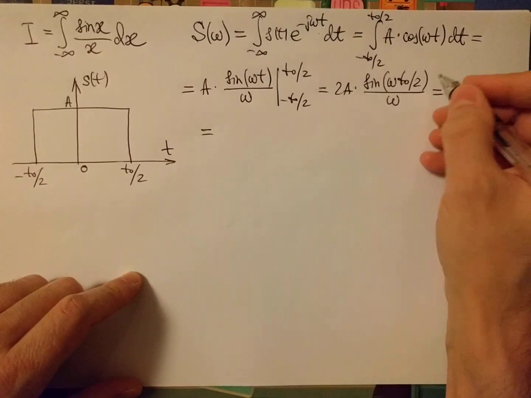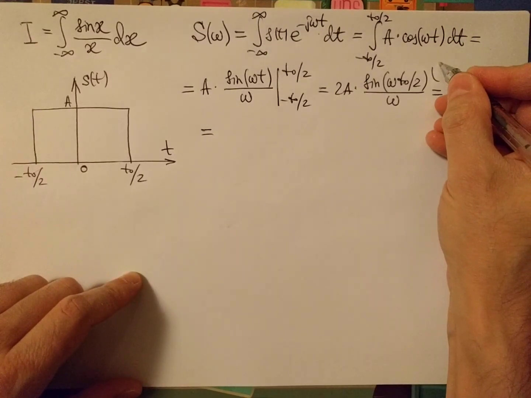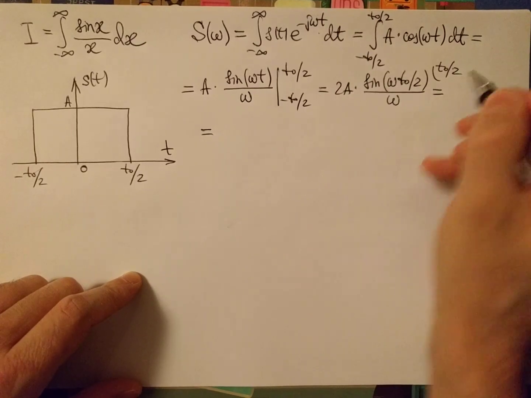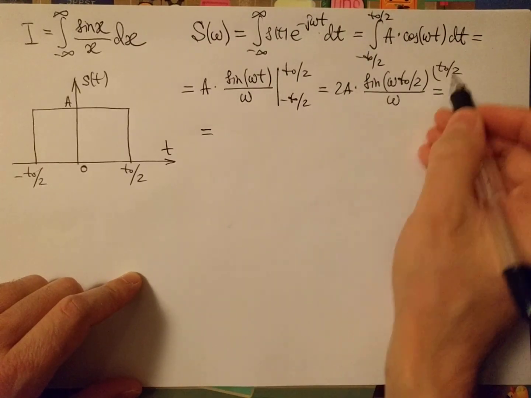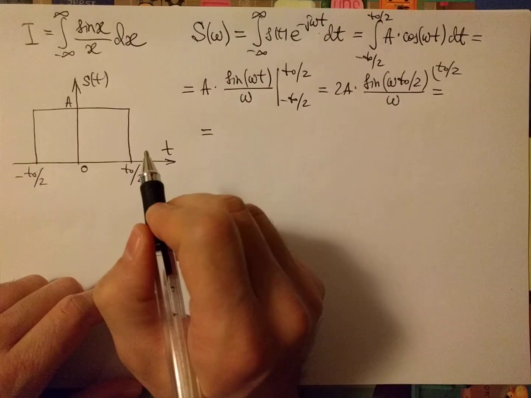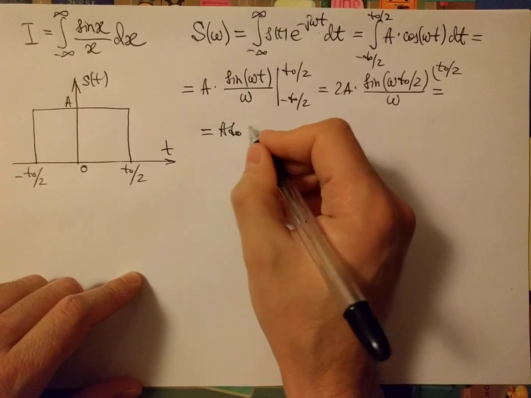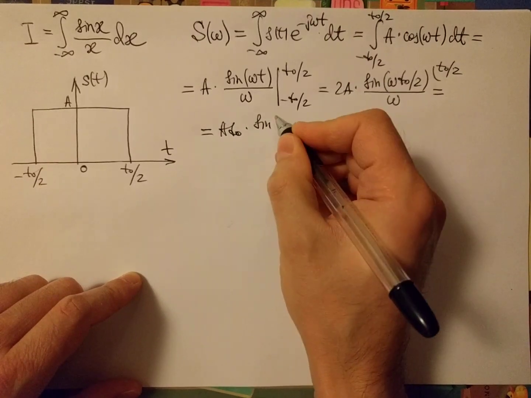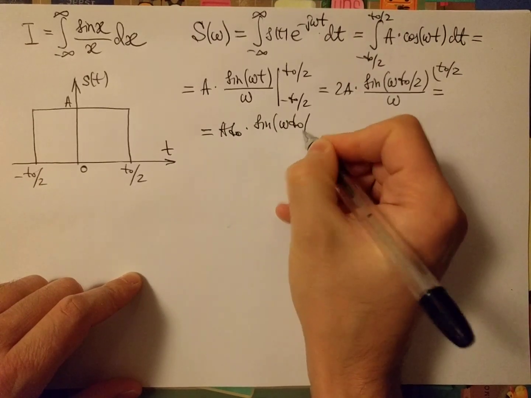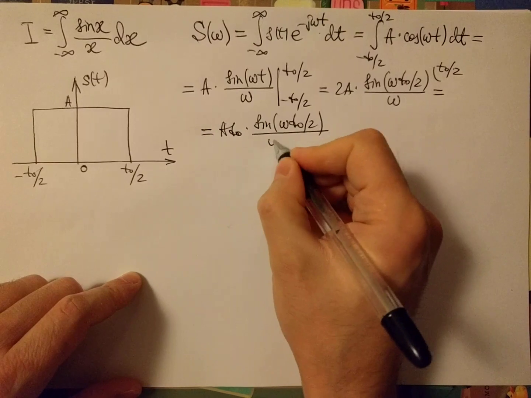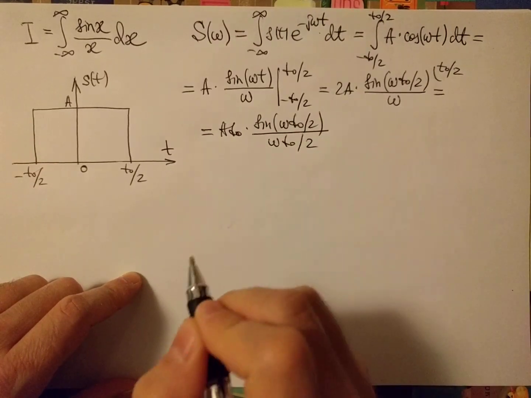Some additional manipulation. Let's multiply numerator and denominator by t0 over 2. Here will be a times t0 sine of this expression divided by this expression.